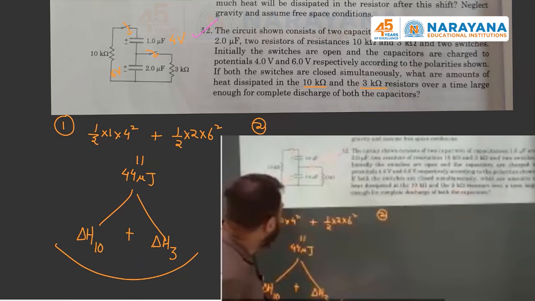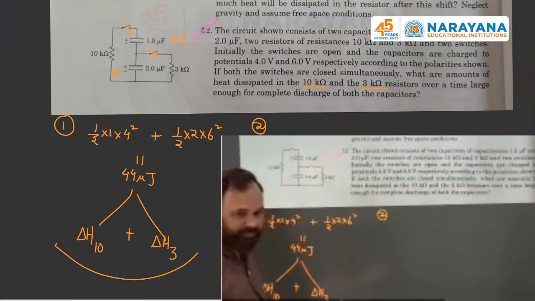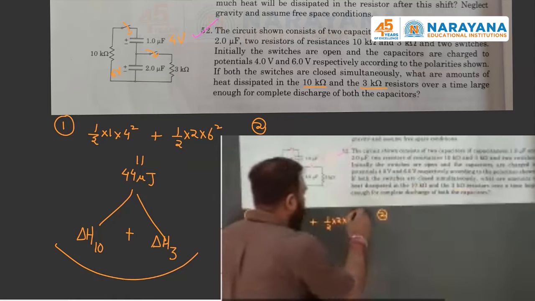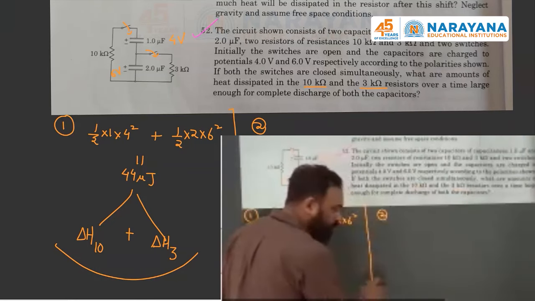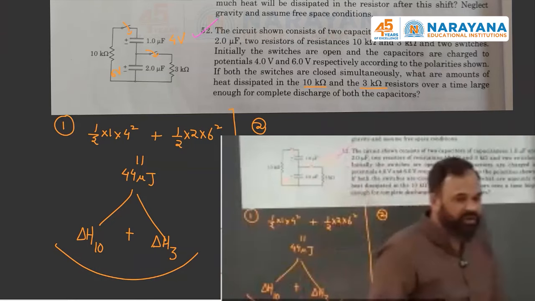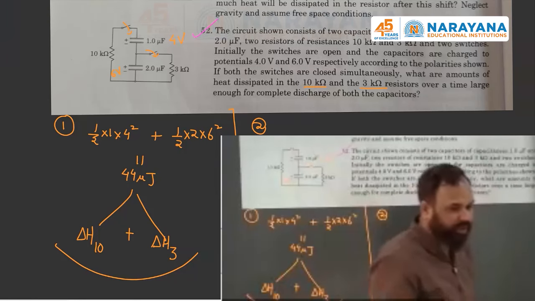So by keen observation, there are a few things we can say. Observe it carefully. Remember, I am not interested in writing the KVL equations. It will only create unnecessary panic in the problem, not required.